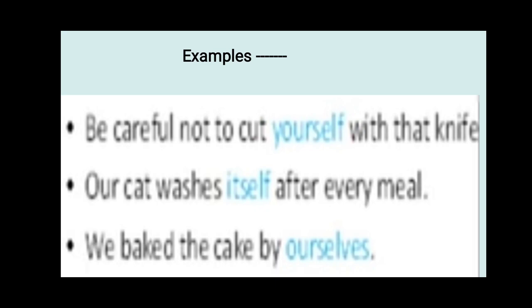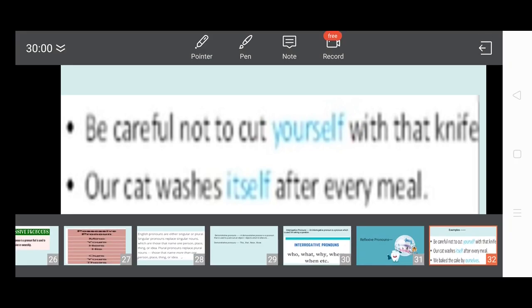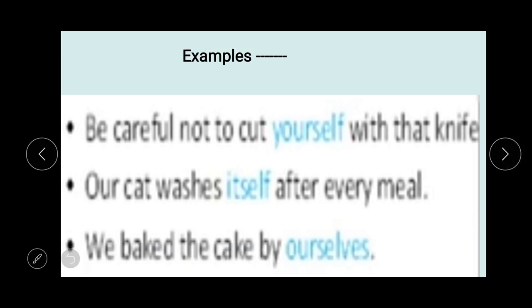So students, after reading these examples, our first work is to identify the subjects in the sentences. As I have already told you in some earlier classes, the subject means the person, thing or animal who does the work in the sentence or about which the sentence is being told.